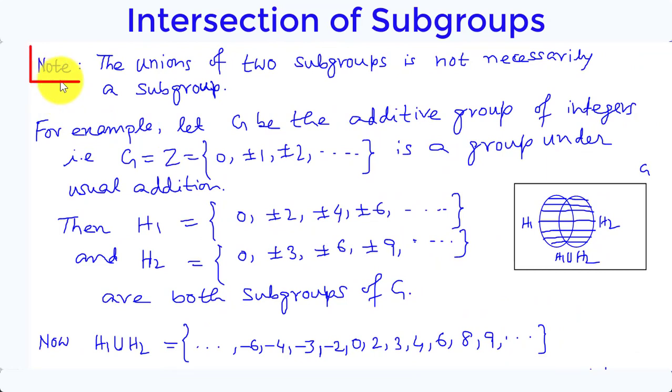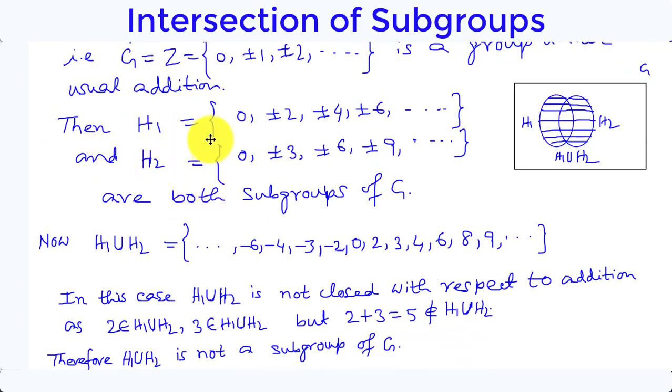Note: the union of two subgroups is not necessarily a subgroup. For example, let G be the additive group of integers, that is G is equal to Z, which is 0, plus minus 1, plus minus 2, and so on, a group under usual addition.